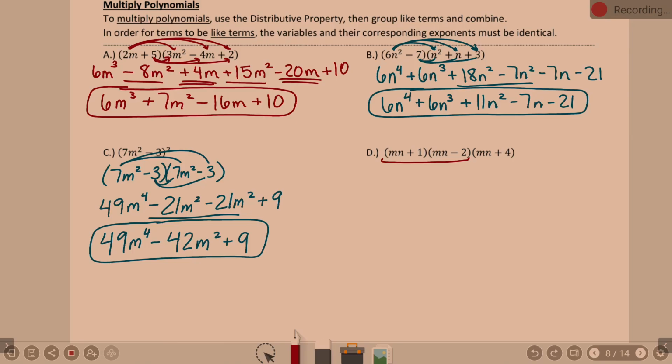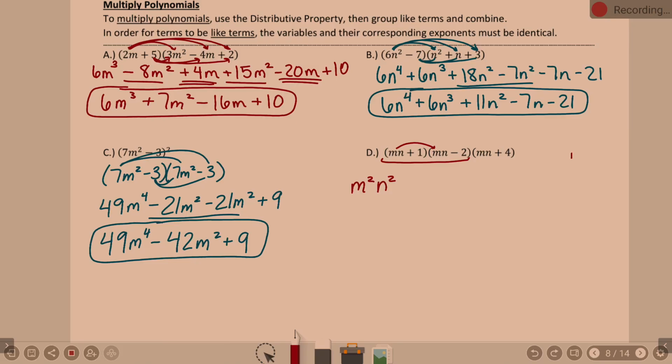So now, what are we thinking here? What's mn times mn? Mn squared. Depends on how you would write that, whether I would take that or not. I prefer m squared n squared.